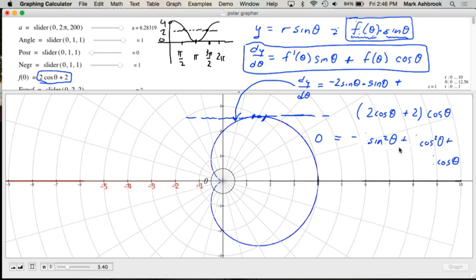Right, sine squared by that identity is going to be 1 minus cosine squared. I'm going to change to black before it gets too blue here. All right, so minus 1 minus cosine squared plus cosine squared plus cosine.